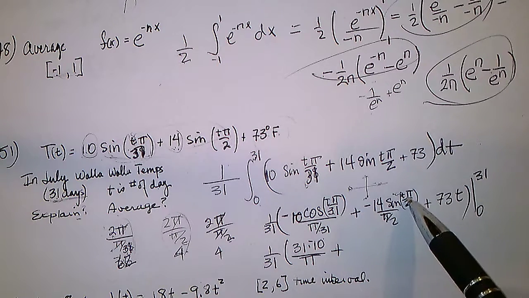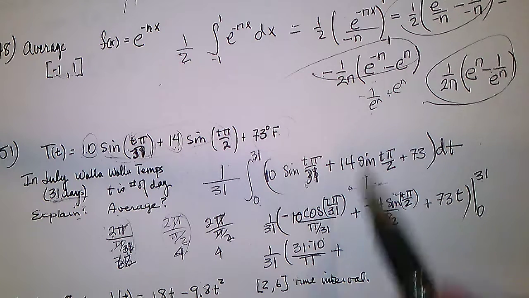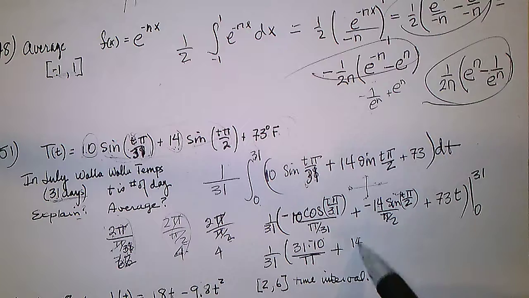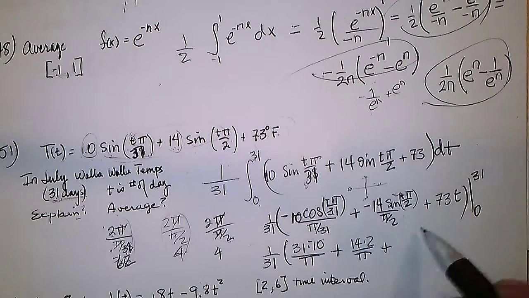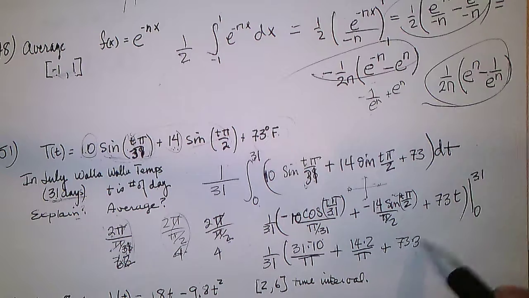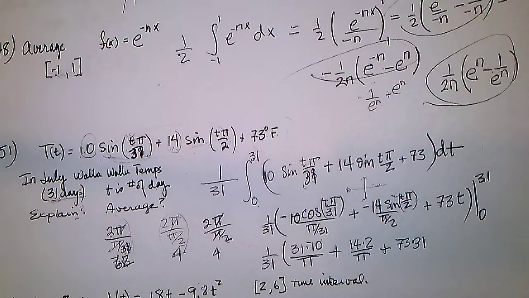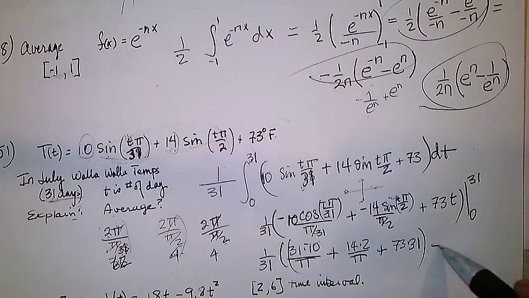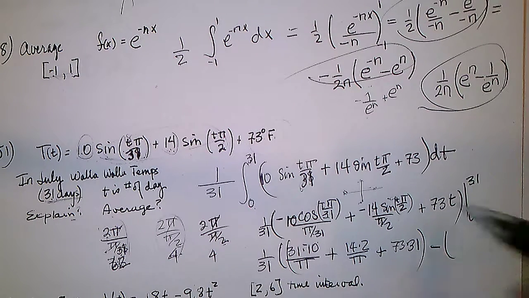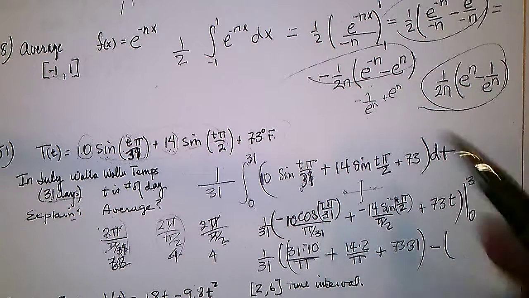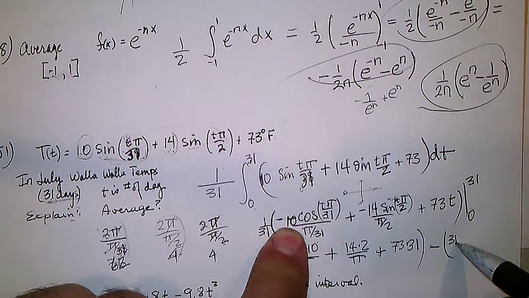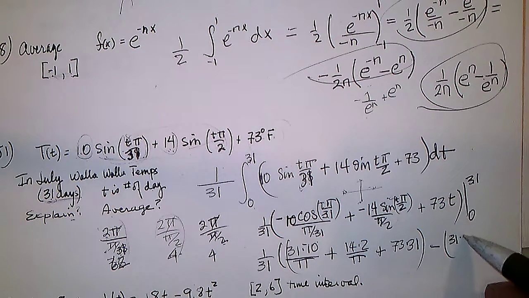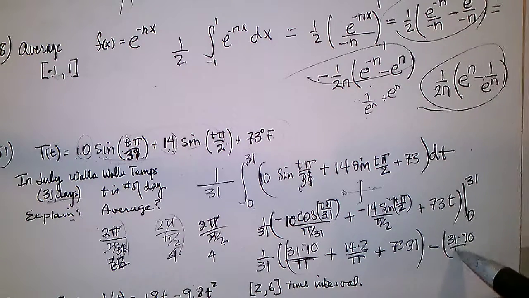Sign is going to be negative 1 times negative 14 is plus 14 times the 2 over pi, plus 73 times 31, minus, put 0 in. Cosine of 0 is 1, so we get 31 times negative 10 over pi.